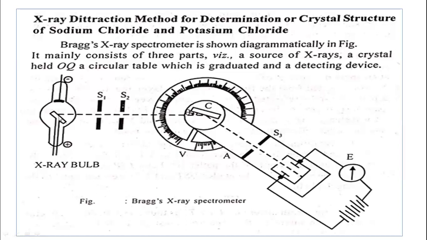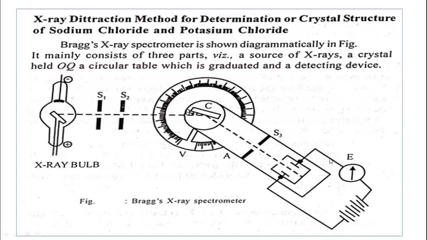Slits are there for monochromatic X-rays. The second part is a circular table where the crystal is placed, and this is a detecting device, also called an ionization chamber.